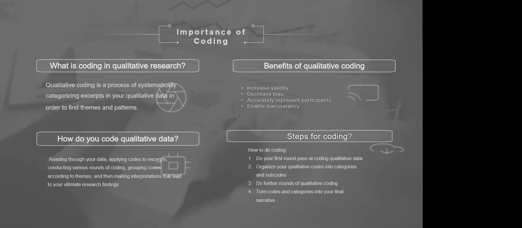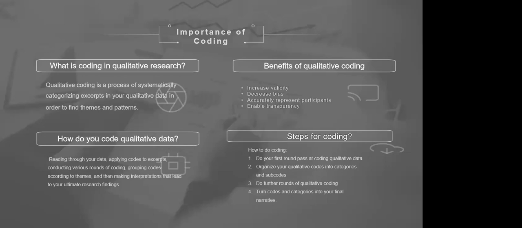They also decrease bias. We know bias comes more with quantitative data, which is subjective as compared to qualitative data, where the opinions, the statements, and the audio recordings are usually free will and not limited, unless you're using some types of questionnaires which limit the participants, okay?